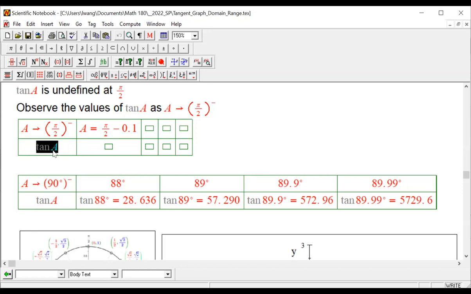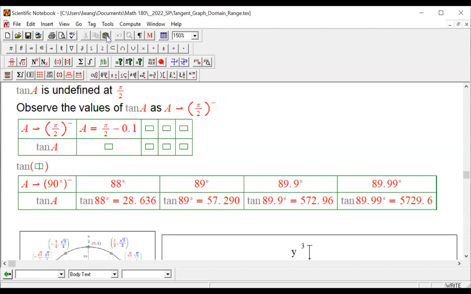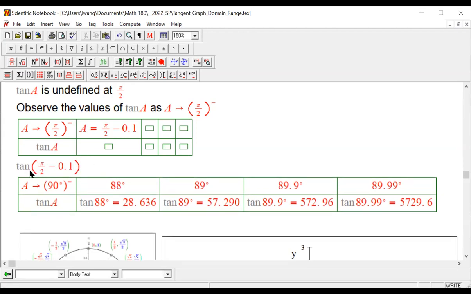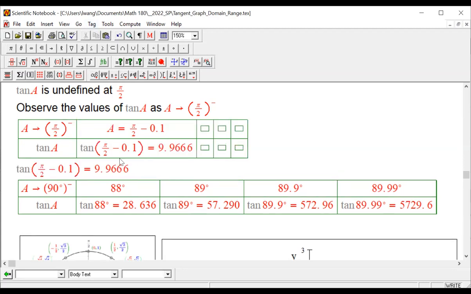So then we look at the tangent of this angle, tangent of pi over 2 minus 0.1. This is an angle smaller than pi over 2, close enough to pi over 2. It gives 9.9666. There we go.